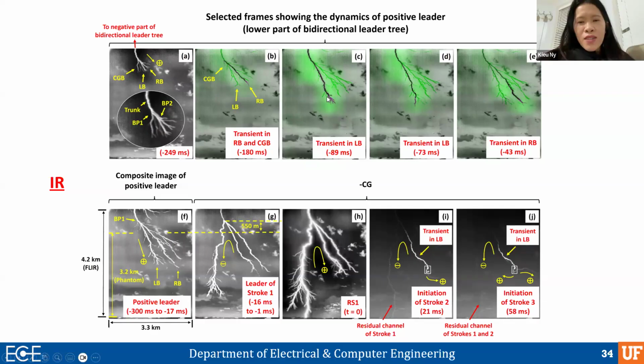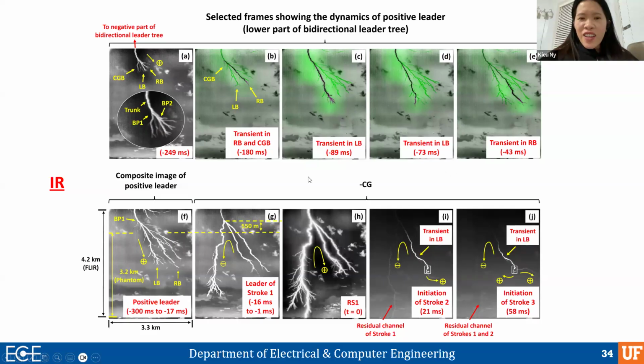The pink color means it is new. For example, in panel C, we can see this luminosity, which is a positive leader. It happens inside the remnants of the previously created channel, shown in green in panel B. It overlaps, showing a dark color, and the tip of it shows in purple. In red, we see this luminosity transient follows the previous channel and also extends forward.